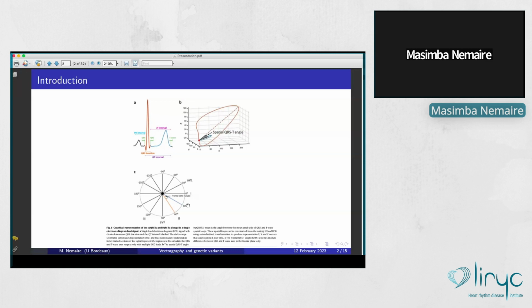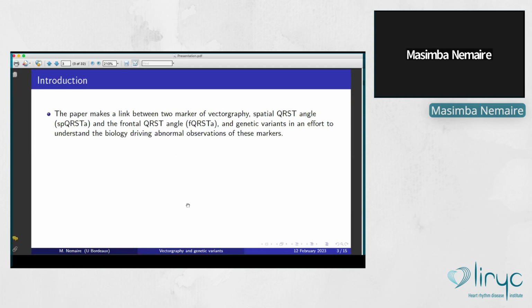In fact, the information in the frontal one is wholly contained in the spatial QRST angle. They say that there are these markers, these angles, and the biology that drives the abnormal observations of these markers is not well understood.